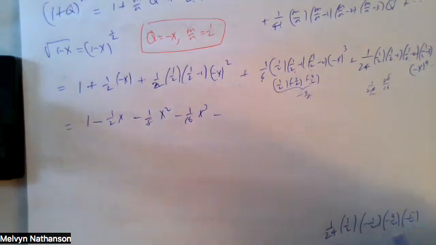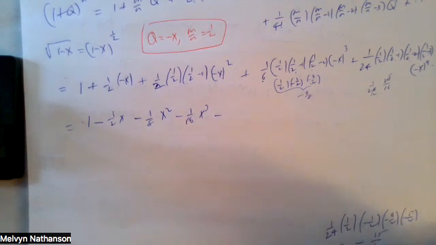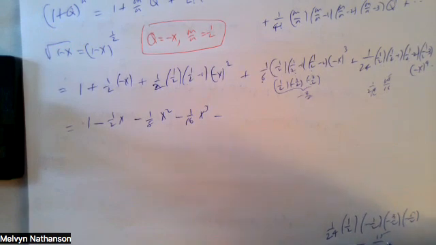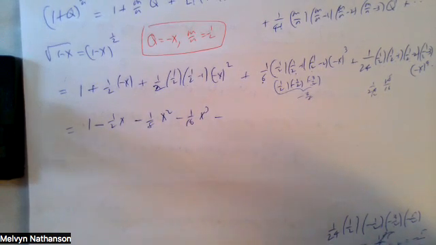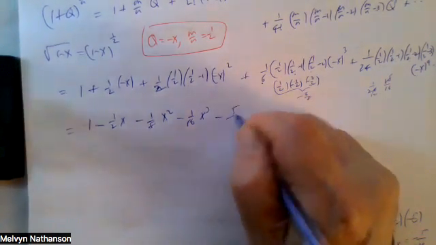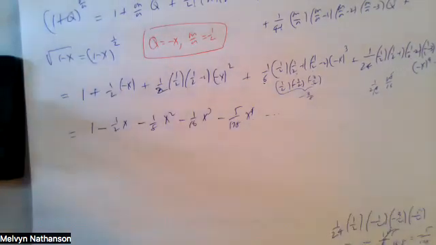So this is equal to 3 times minus is minus. 3 times 5 is 15. 2 times 2 times 2 is 24 times 16. If I divide by 3, this is 5 over 8. So this is -5 over 128. So -5 over 128, x to the 4th, and so forth.